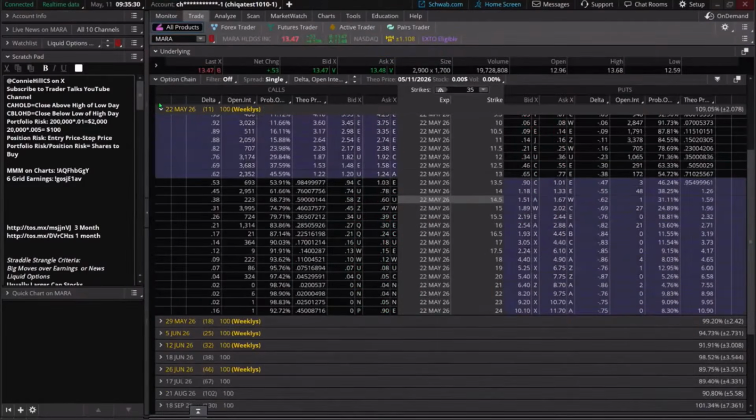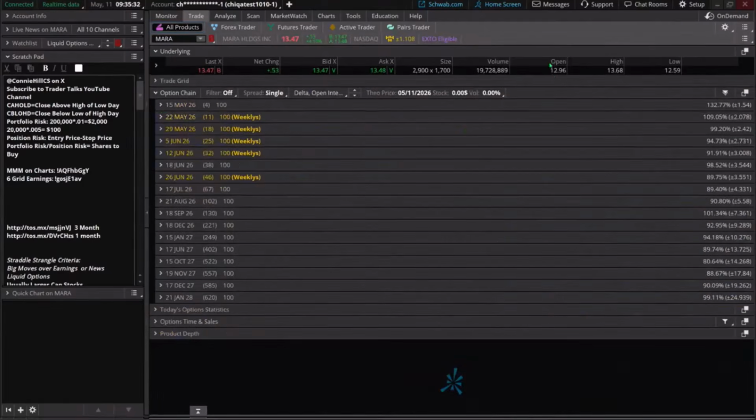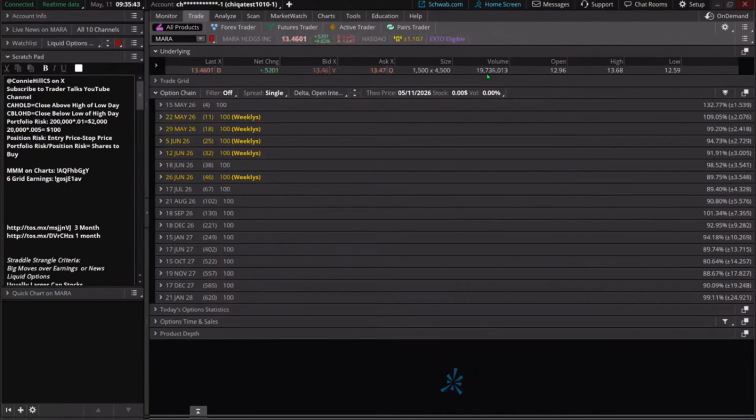Now, as we come over here to the option chain, look at this. This stock has already traded 19 million shares so far today. These guys are a Bitcoin mining and artificial intelligence type company, which has had some streaks lately, some streaks up, some streaks down. But there's a lot of trading activity here.